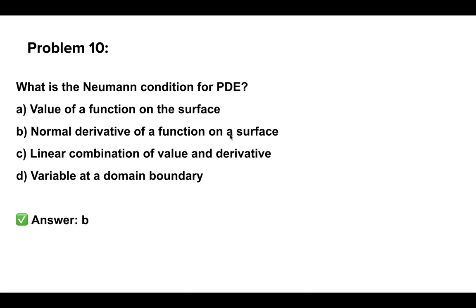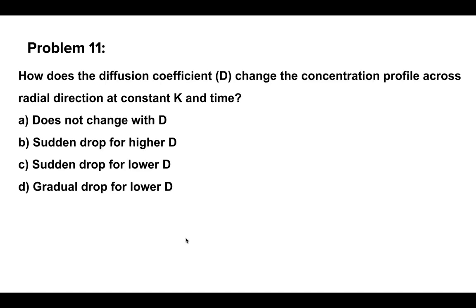We know that the Dirichlet condition means it's a function value, and Neumann condition means it will be the derivative. So if the normal derivative of the function on the surface is given, then we call it a Neumann boundary condition.